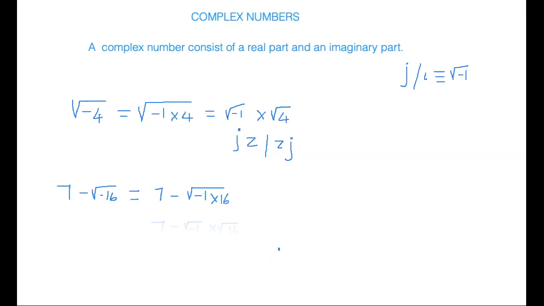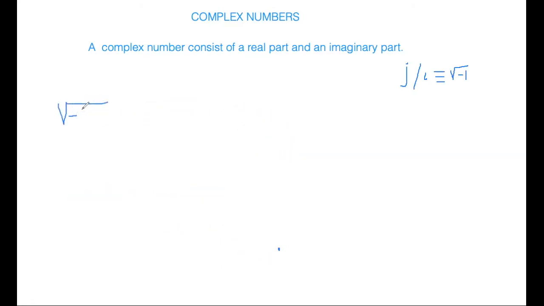The next example. We're going to rewrite this so we're seeing the imaginary part. Now, the first thing I'm going to do is rewrite this as square root of -1 times 50.